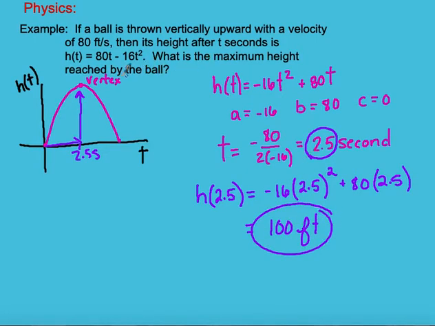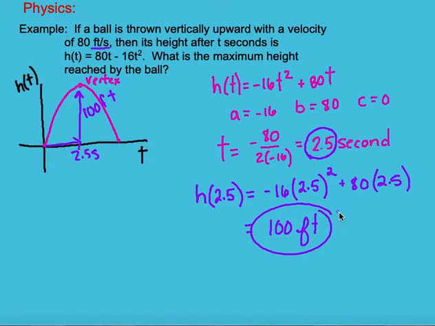Paying attention to my units here, because my units were given as feet per second. So that means it took my ball 2.5 seconds to reach 100 feet before it started to fall back down. Okay, so I took the equation and just found the vertex and applied it to this situation.